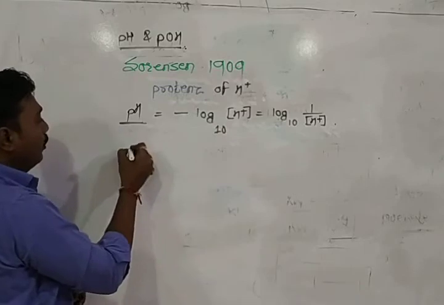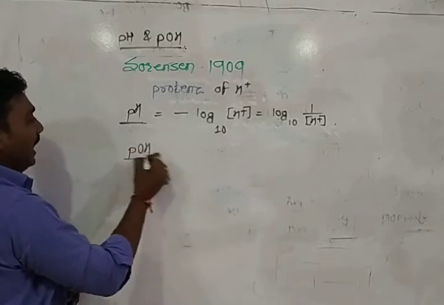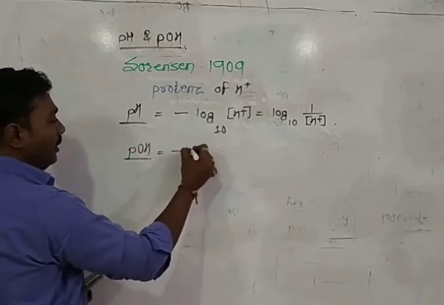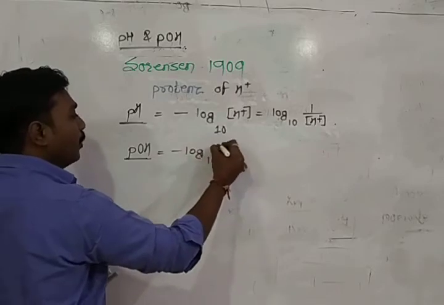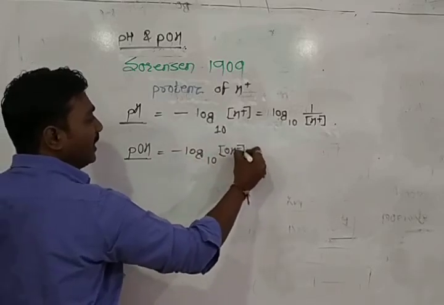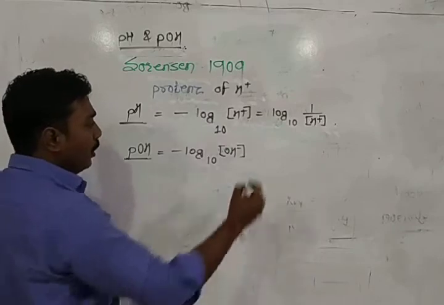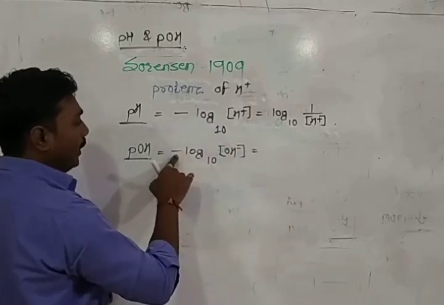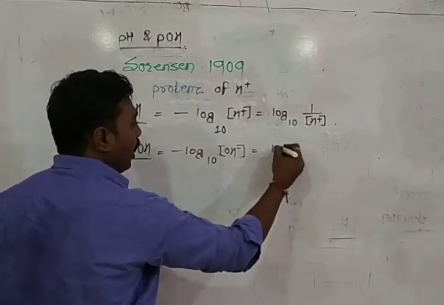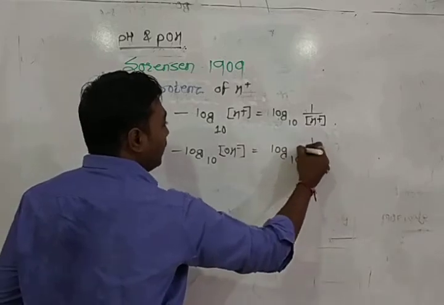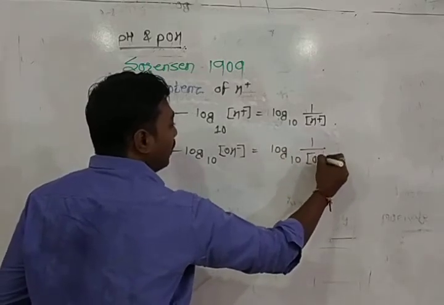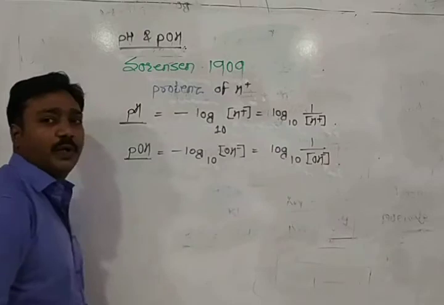Now pOH is defined as the negative logarithm to the base 10 of the concentration of OH minus ion, or if positive sign is used, log to the base 10 of the reciprocal of the concentration of OH minus. These are the definitions of pH and pOH.